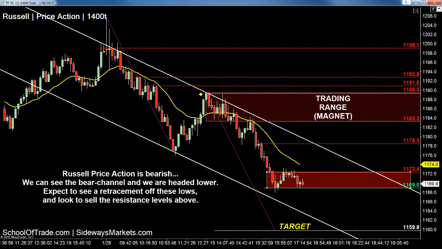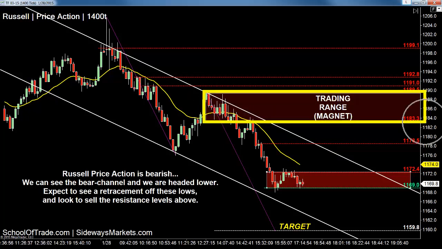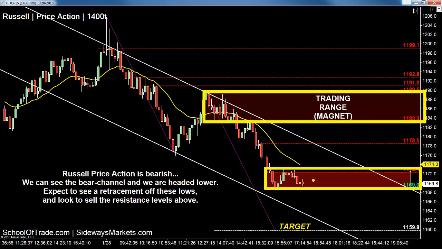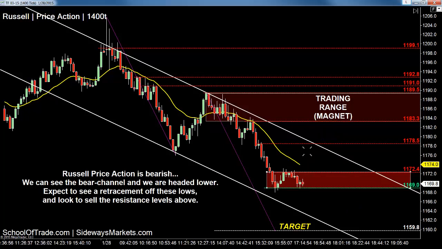We know the buyers and sellers agreed on value in that range there. They agree on value in this range here. I wouldn't be surprised if we go all the way up and then come all the way back down. Very, very easy to see that right now. So members, scenario 1, we jump up for a fade. Scenario 2, we go up for a trap.